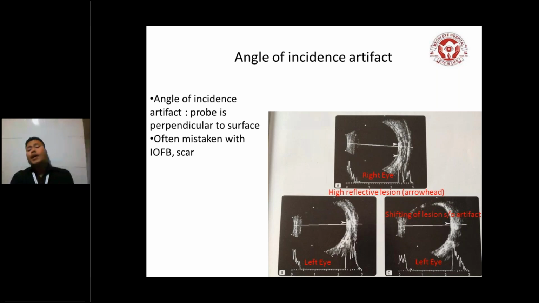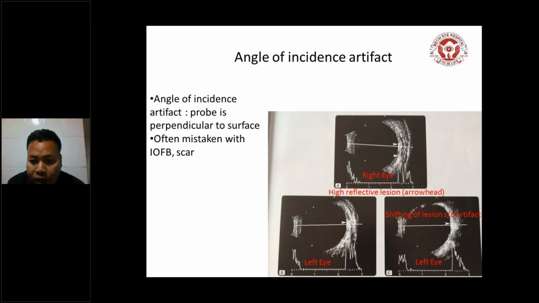In the other eye, if the lesion is at the same site, then we have to tilt the probe slightly, and if the lesion shifts, that means this is an artifact.